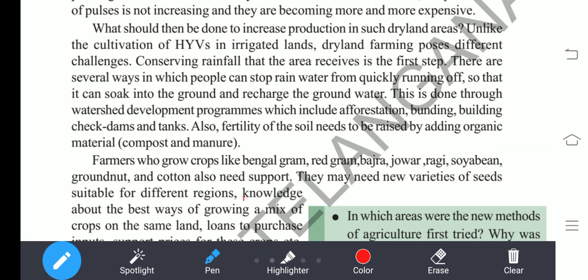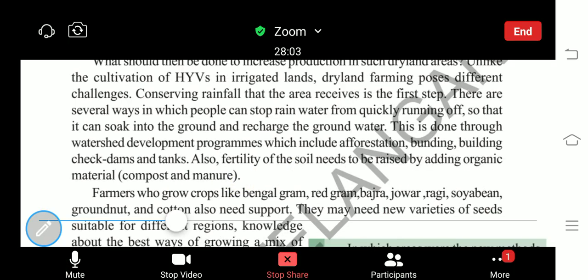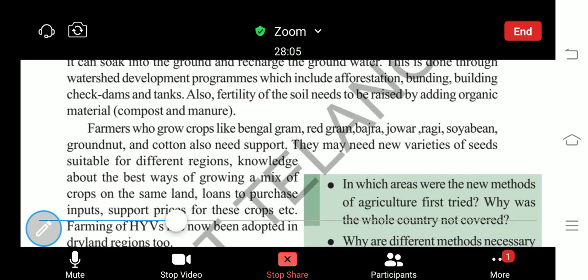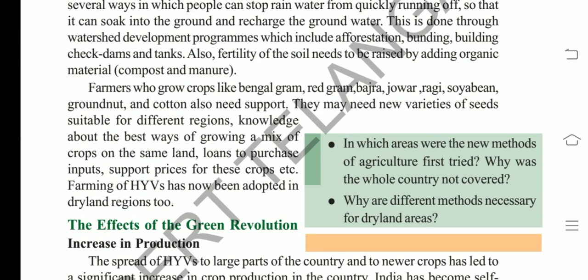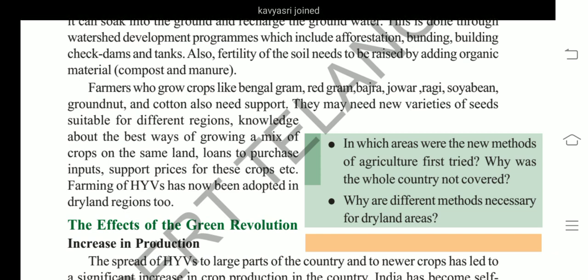Understand that here is the mixing of crops. Understand that is crop rotation. When crop rotation takes place, the soil fertility is protected. Suppose they cultivate red gram, then after that they should go for bajra, which is sajjalu.